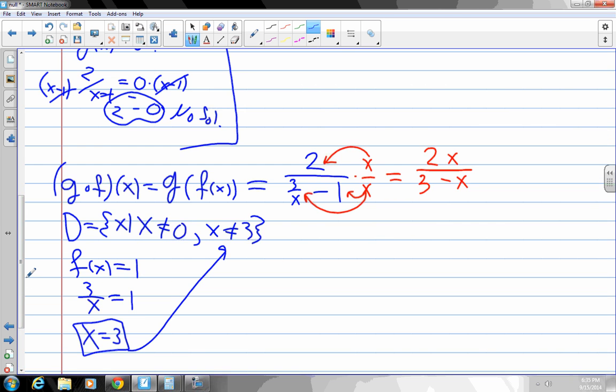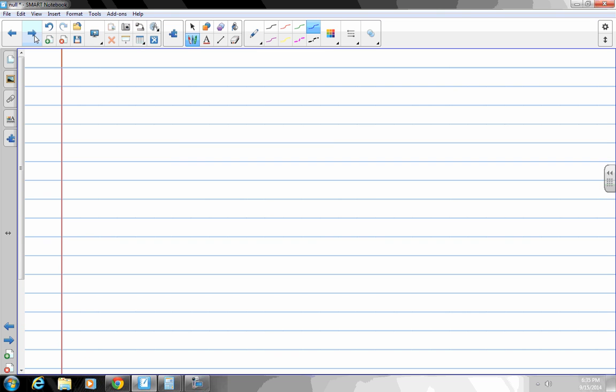All right. Well, let's do this example. I'm going to give you 2 functions, and you'll just find the compositions, don't worry about the domain. So let's say one of them, f of x, is the cube root of x plus 1 over 5. That's a 5.